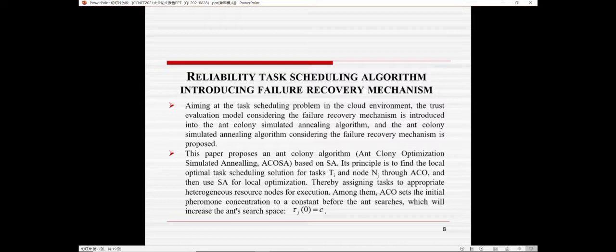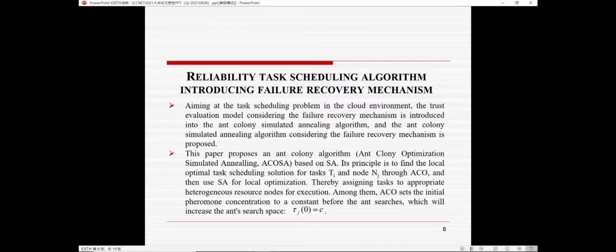And the ant colony and simulated annealing algorithm considering the failure recovery mechanism is proposed. This paper proposes the ant colony algorithm ACOSA based on SA.